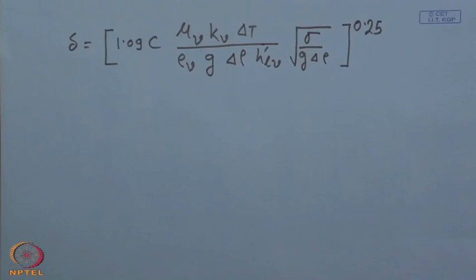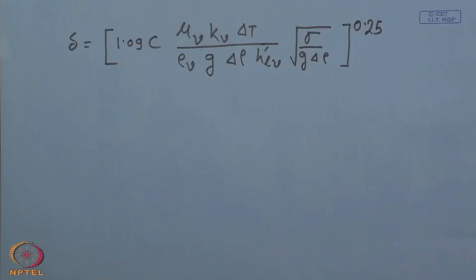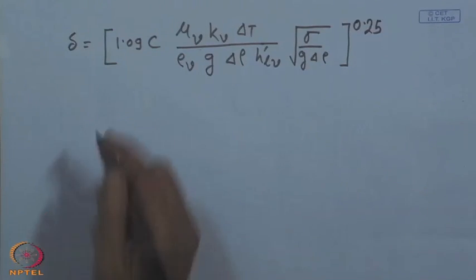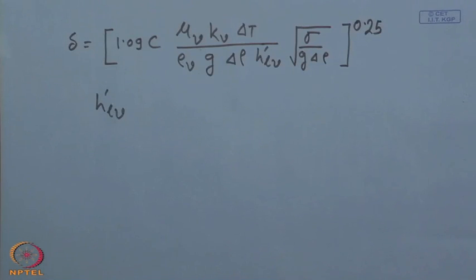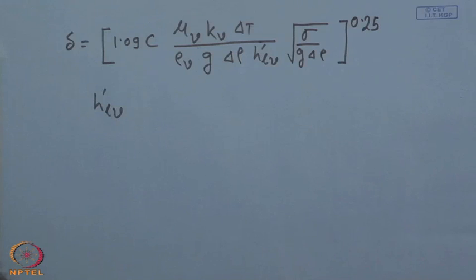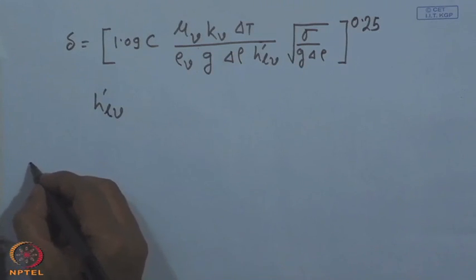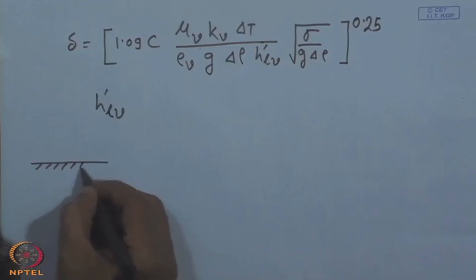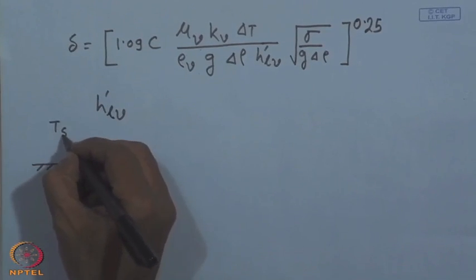So, delta can be obtained by a mass and momentum balance through this particular equation, and C is a numerical constant. Now, HLV dash is a modified latent heat of vaporization, because the wall is at a temperature T wall and the liquid could be at T saturated.